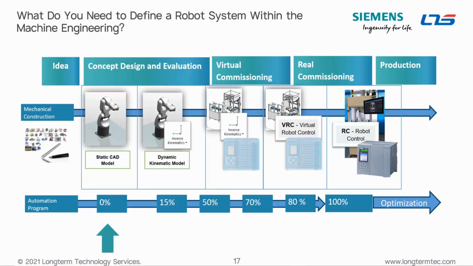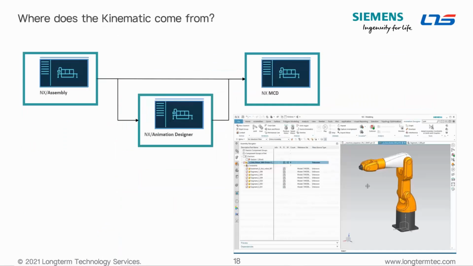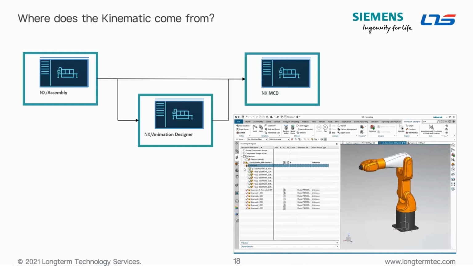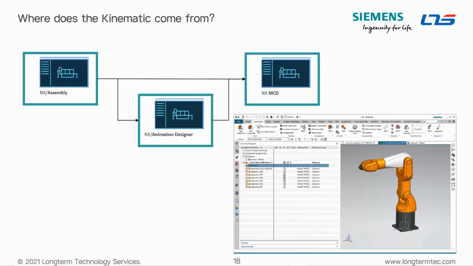And now let's look a little bit into how that could look. Yeah, where does the kinematics come from? The kinematics come from, of course, the CAD model, and then we have a small tool which is called Animation Designer. As a mechanical engineer, I quite often use this tool already.